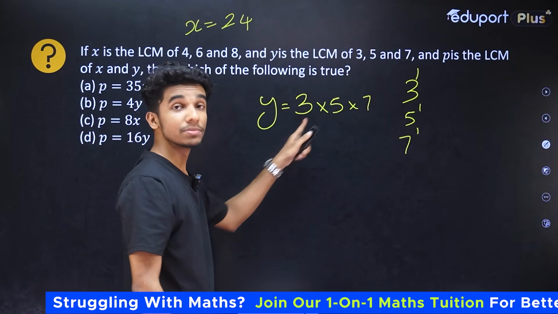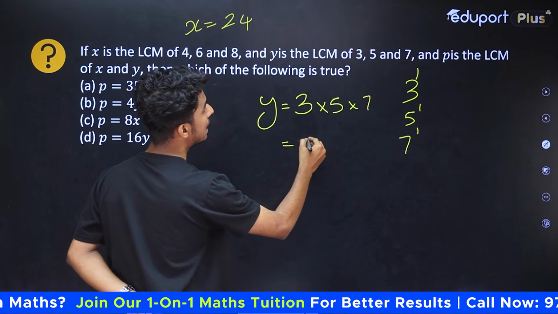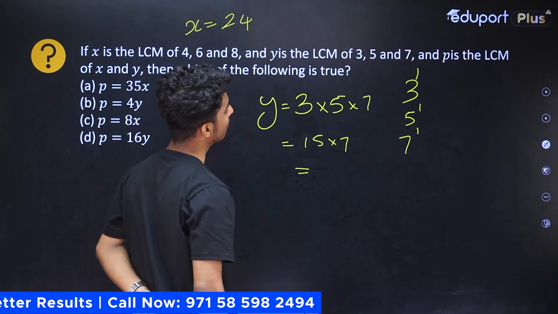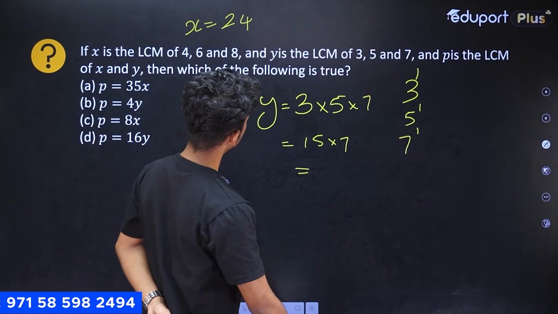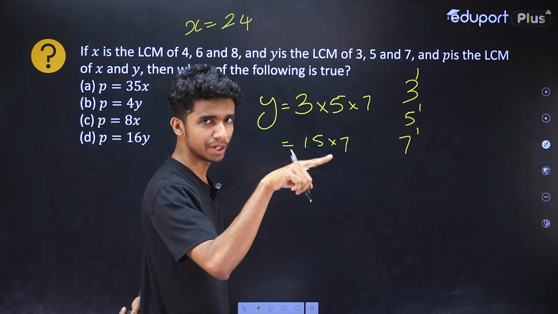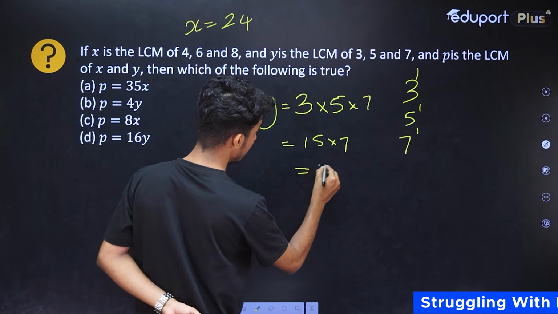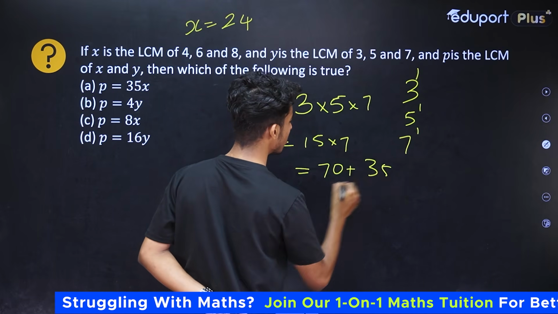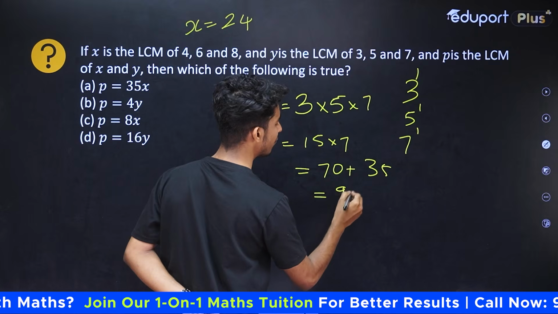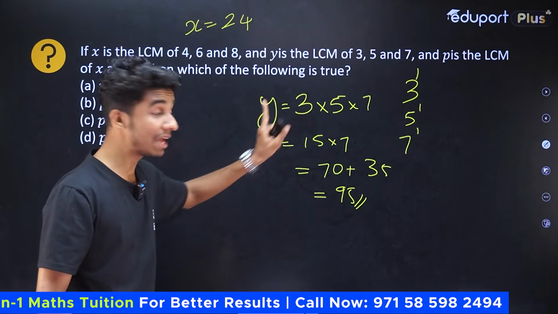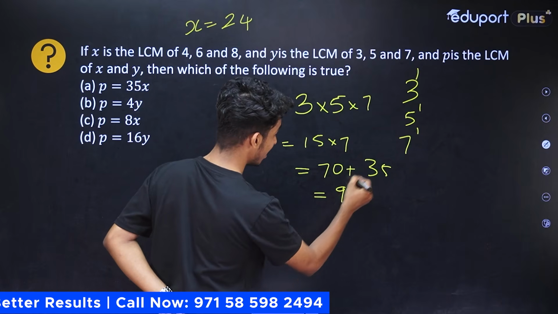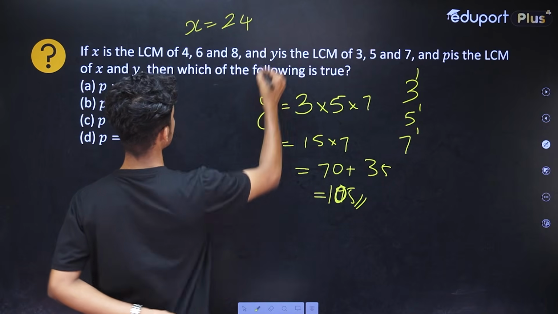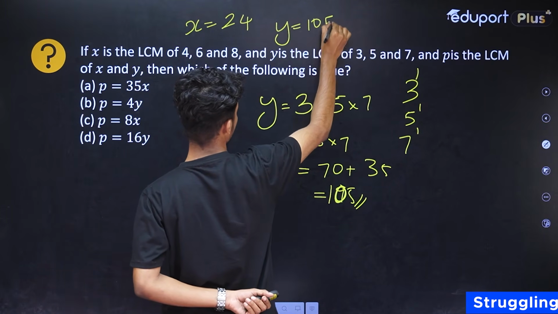So their LCM is 3 into 5 into 7. 3 into 5 is 15, 15 into 7 is, it's not 95, it's 105. Sorry, it's 105. So y equals 105.